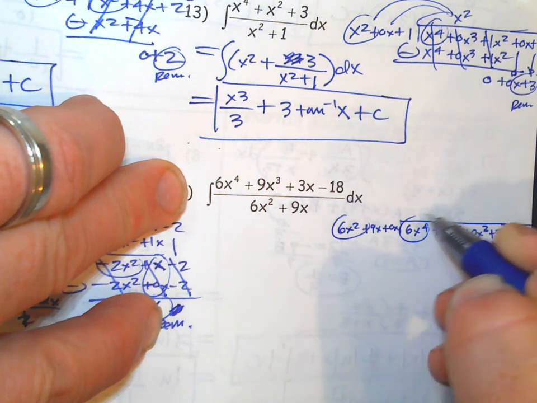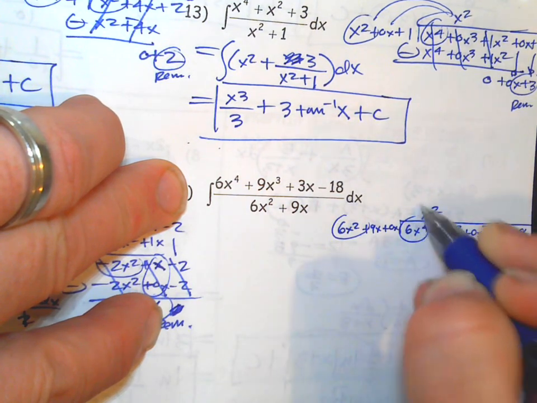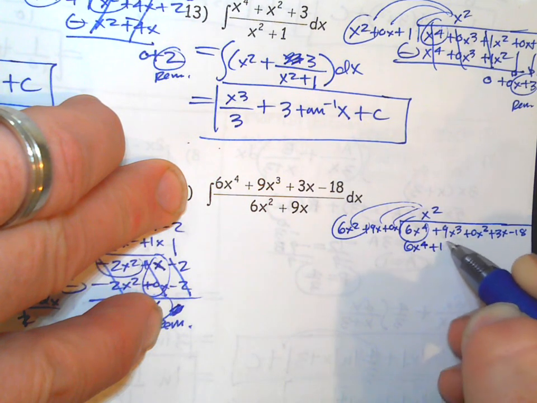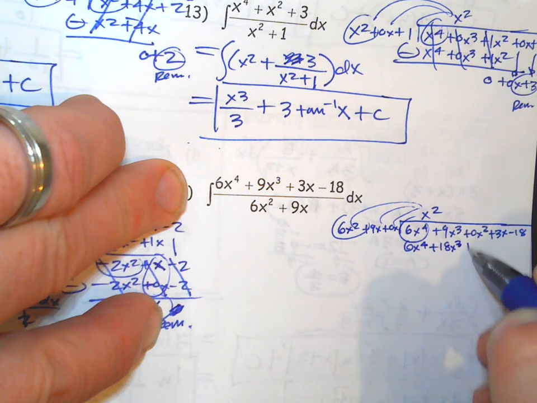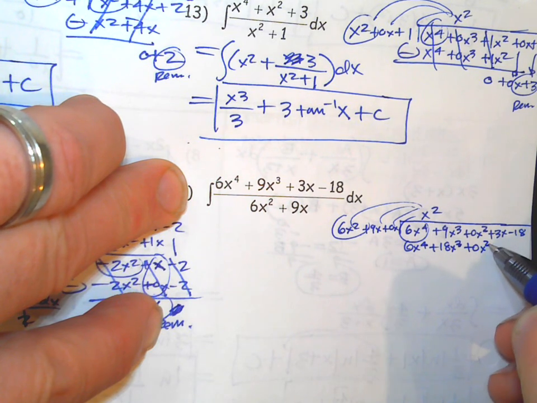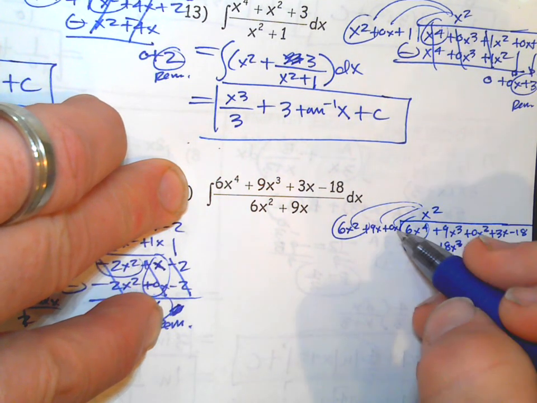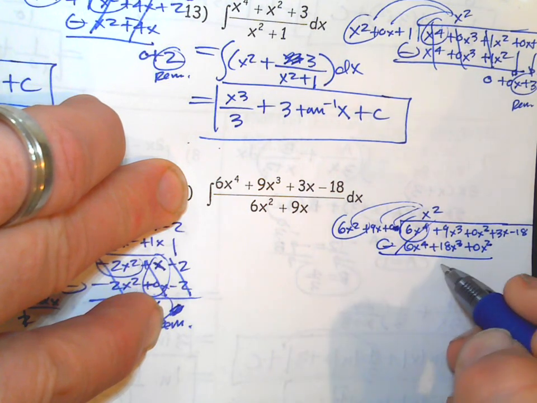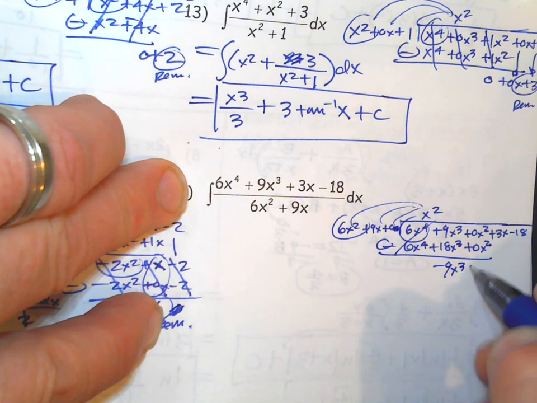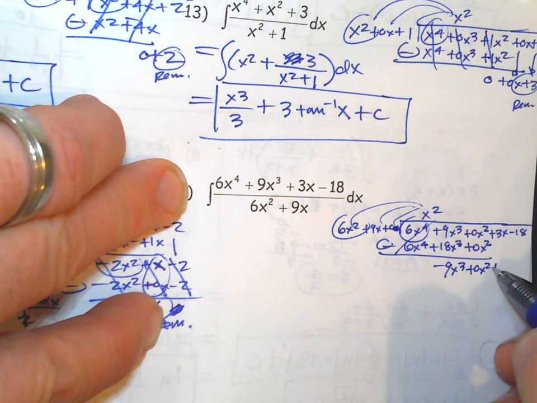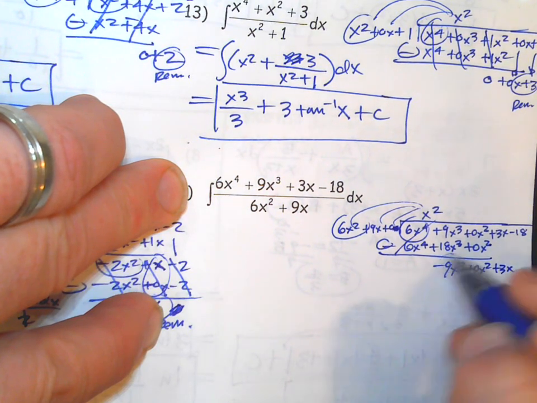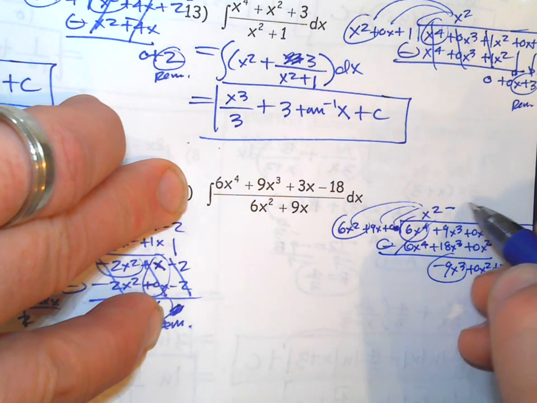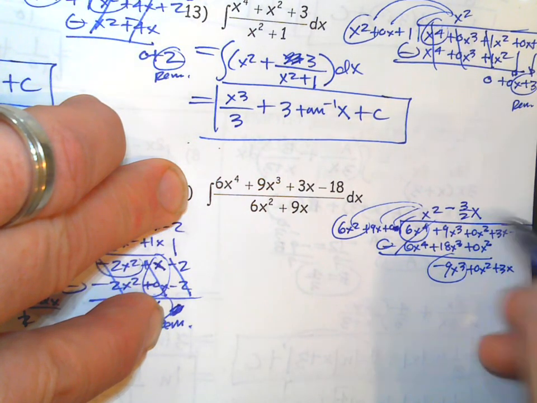So we divide those, we get x squared, distribute, 6x to the 4th plus 18x cubed plus 0x squared. Subtract, get negative 9x cubed plus 0x squared. Drop the next term down, 3x. Divide again by 6x squared, so it's going to be negative 3/2 x.